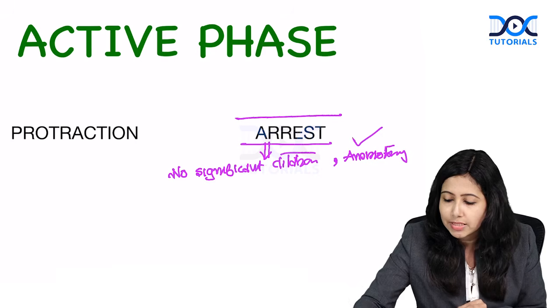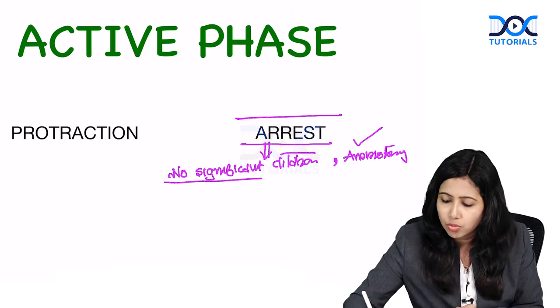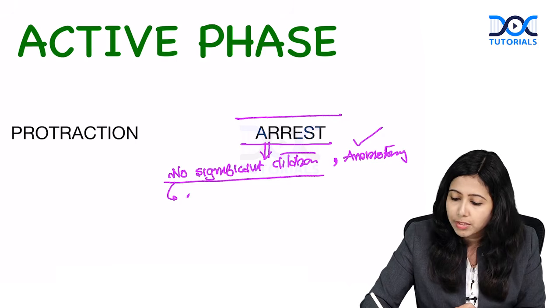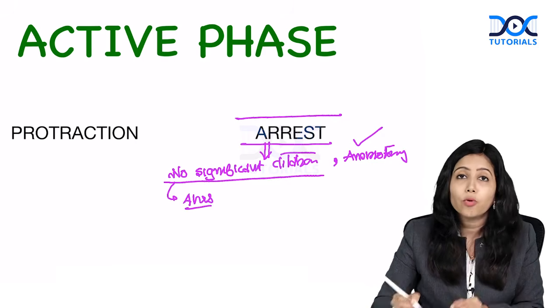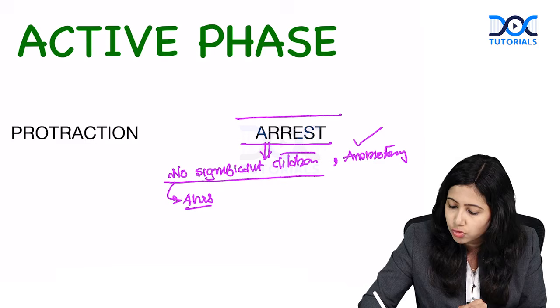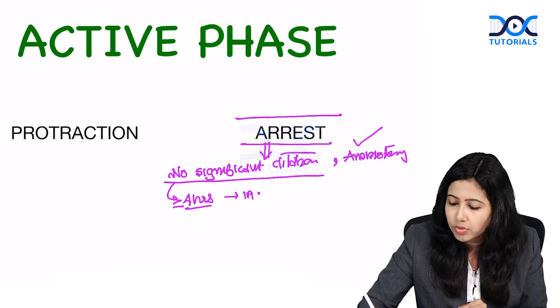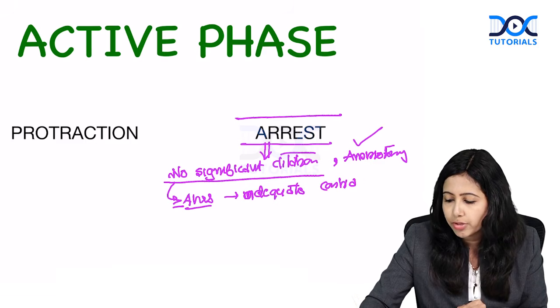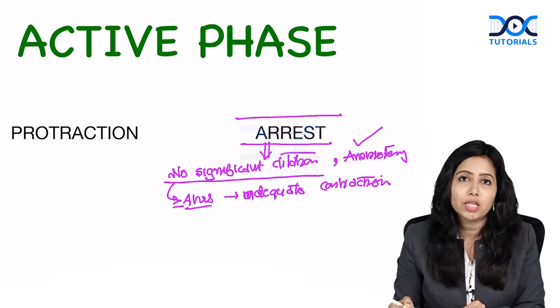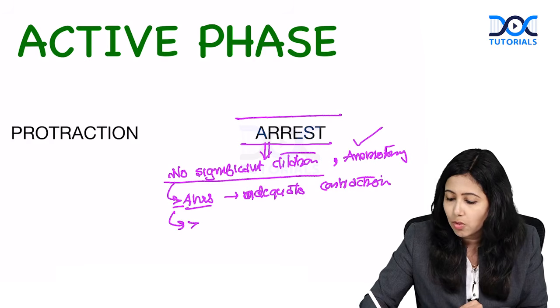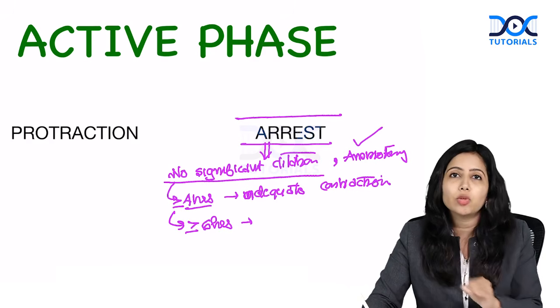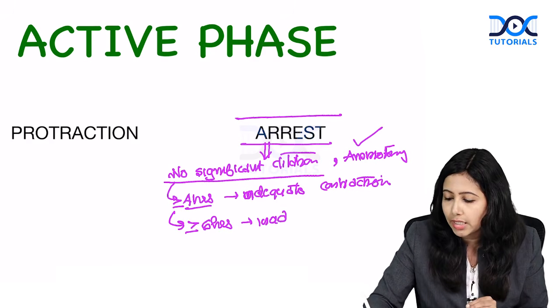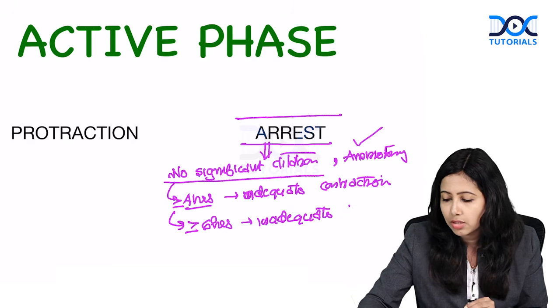So amniotomy is done, ARM has been done, and there is no dilation for a period of 4 hours in a patient who is having adequate contraction. Whereas, it is more than 6 hours in a patient who is not having adequate contractions. So, with inadequate contraction, it is 6 hours.